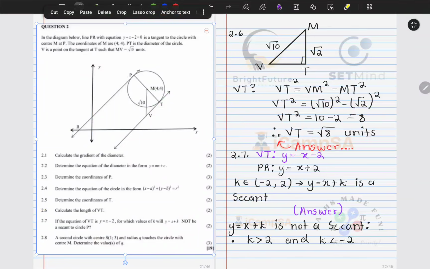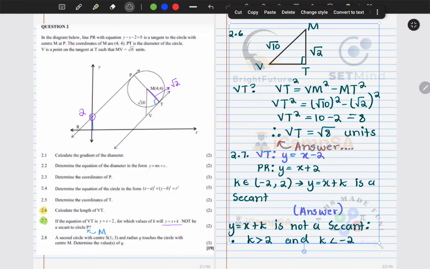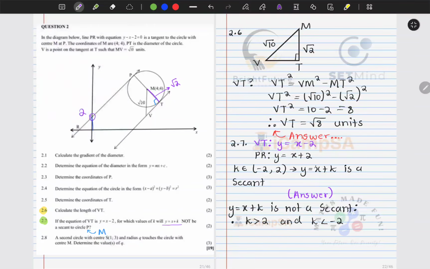Then we can have a look at the last question, which is 2.8. That is 3 points, but I'm going to leave that for you as homework. It reads: a second circle centered at 1 and 3, with radius q, touches the circle with center M. Determine the values of q.